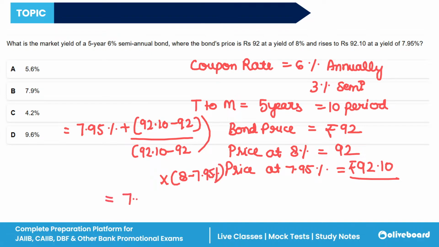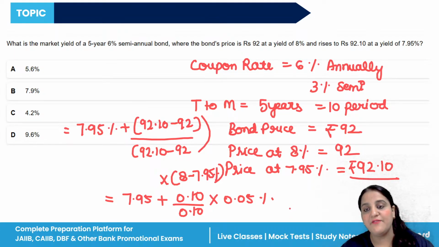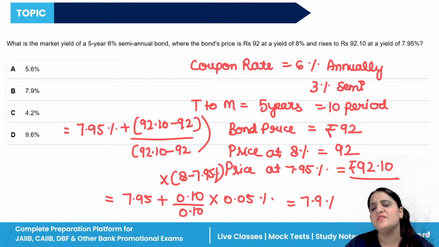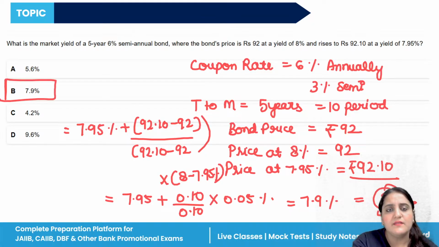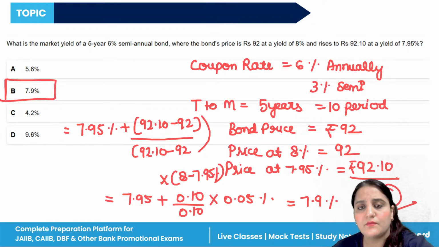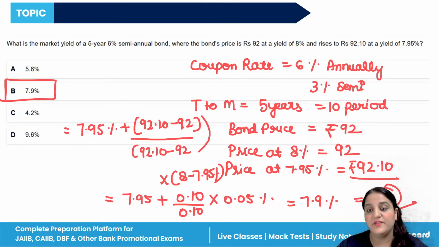So it is 7.95% plus 0.10 divided by 0.10 multiplied by 0.05%. That is approximately 7.9%, which basically we can say is 8%. So the answer here is 7.9%.